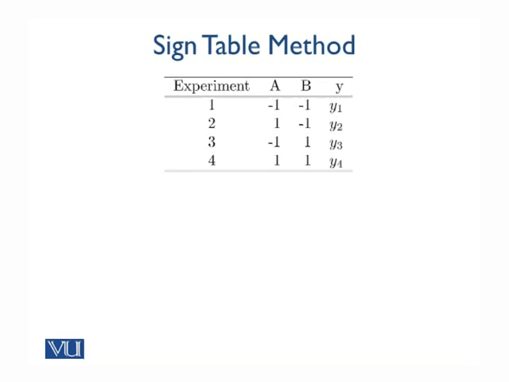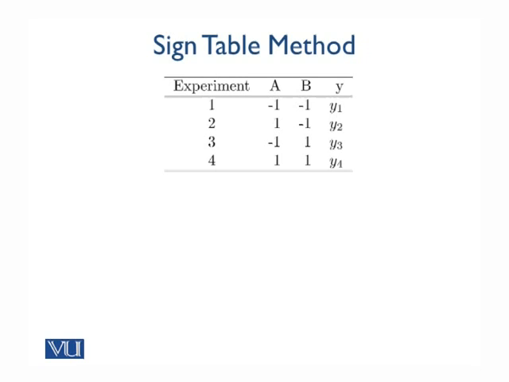You have on the slide now the number of experiments that you're going to perform and the different settings of A and B, and for that you calculate the observational value. At the lower setting of A and B, you calculate the observation and call that y1. Similarly, for a high setting of A and low setting of B, you calculate y2. Similarly, you calculate y3 and y4.